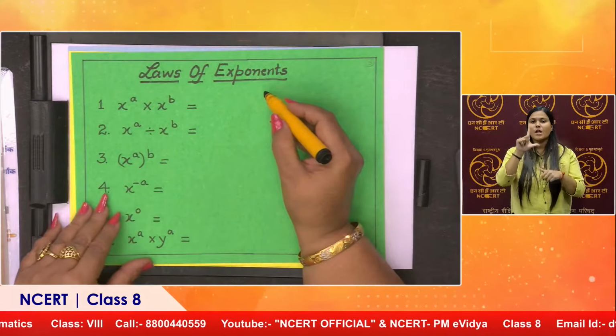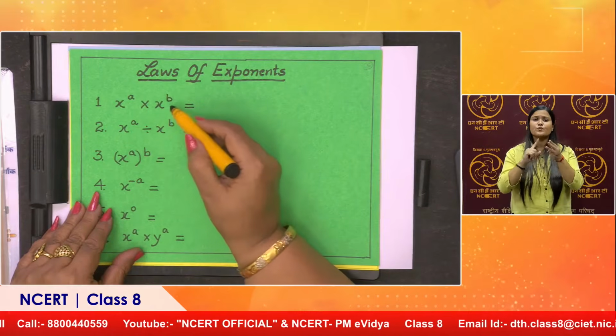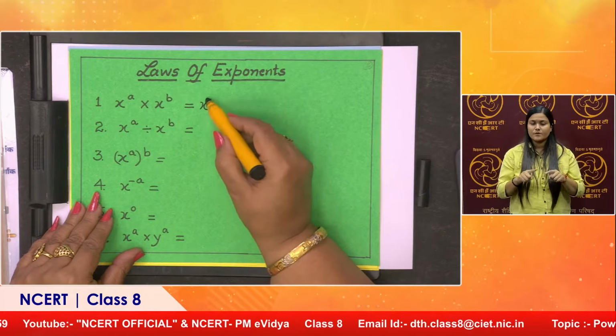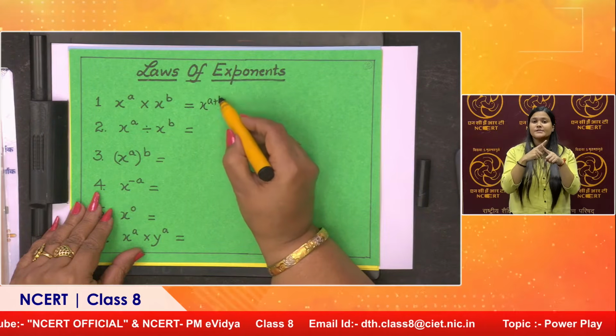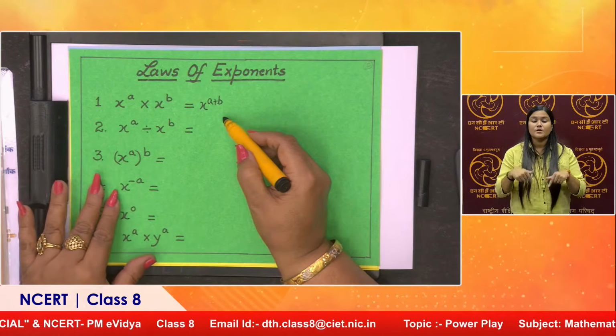Now before we go to the next question, Shivani, let us look into the laws of exponents, children. Suppose I have x to the power a into x to the power b. I can write this as x to the power a plus b. You must remember these laws. They will be very helpful in solving the questions.